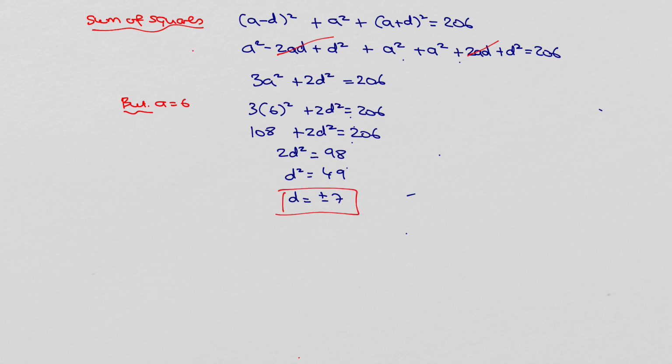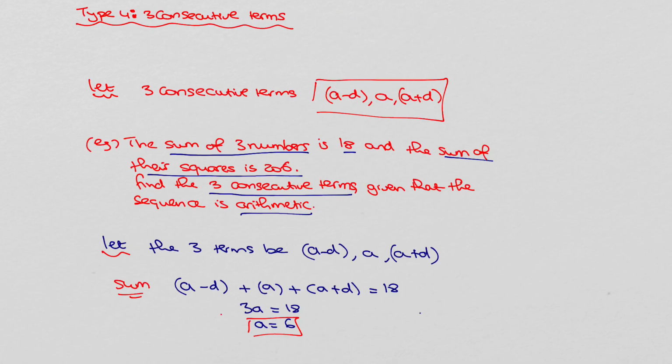So again, we have to be careful there. Getting the square root of the number, it has to be plus or minus 7. So now we know that a is 6, and we know that the common difference can either be plus 7 or minus 7. So therefore we can say the 3 terms. And again, be careful. We said our first term was a minus d.